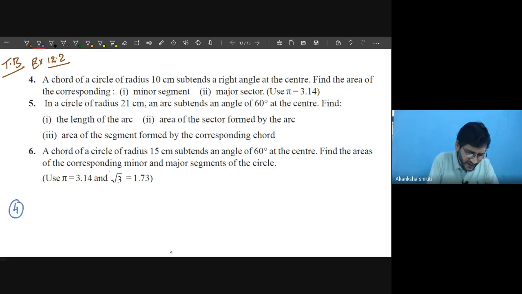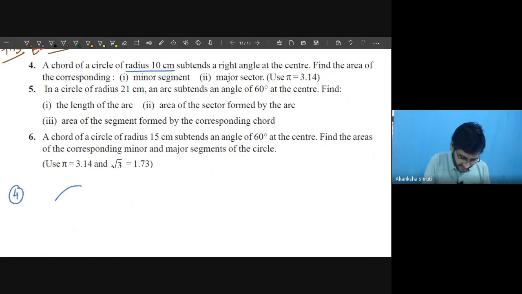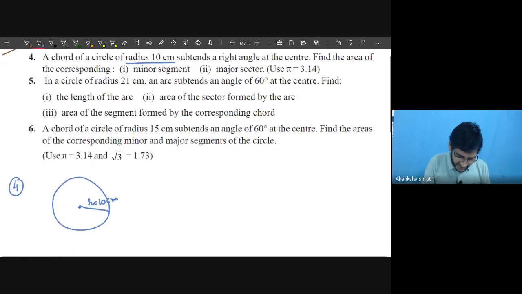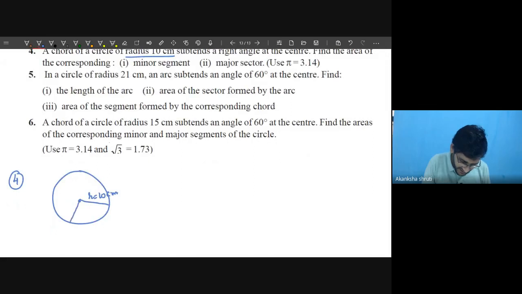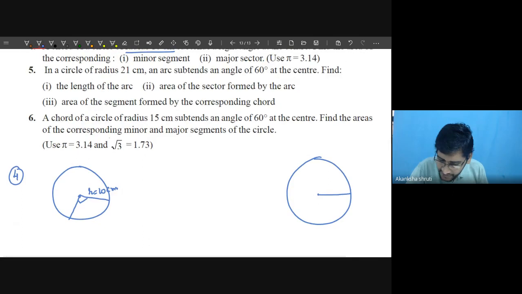So just observe: a chord of a circle of radius 10. First you draw that condition, what is given. Draw a circle of radius r equal to 10 centimeters. It subtends a right angle at the center, meaning it is making a right angle, which is 90 degrees, meaning one of the quadrants, or you may draw it like this, then you can understand it better, because this figure will give you that feeling.